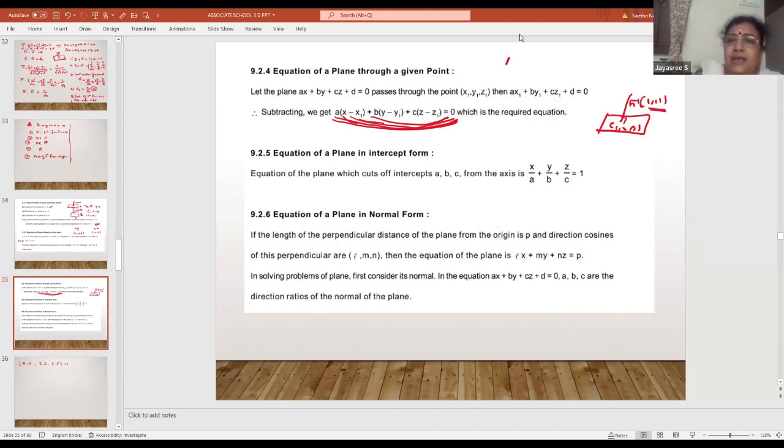With the normal, they write the equation ax + by + cz + d = 0, so 1x + 1y + 1z + d = 0. Then they substitute the point: 1 + 2 + 3 + d = 0. The value of d is found as minus 6. So the equation of the plane is x + y + z - 6 = 0.